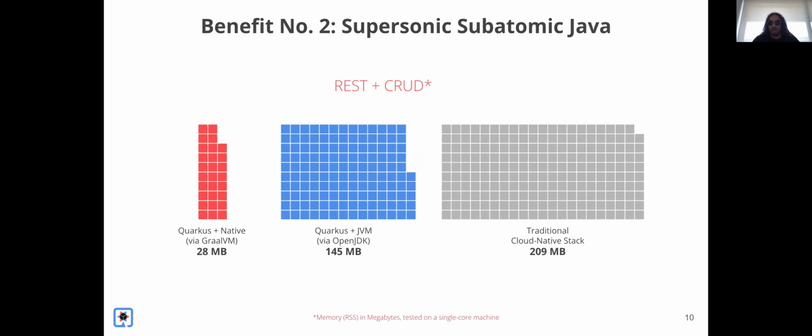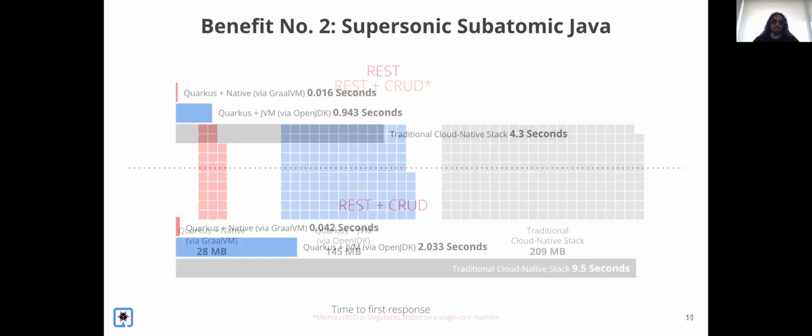Quarkus is not half like we had on the previous example, but we'll still see a very good improvement to like 50 meg. But if you look at it on native image, now you'll see only like 10% usage compared to the JVM mode, right? So it's really something to look for.